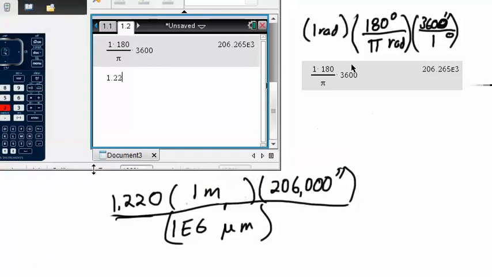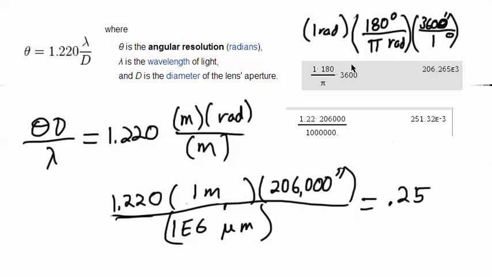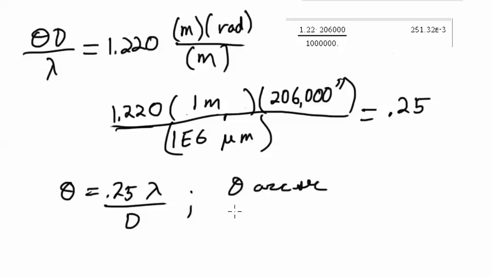You can make this screen smaller by adjusting the bottom of that window. 1.22 times 206,000 divided by 1e6 is 251 times 10 to the negative third. So that gives us an alternative way of expressing this, which is theta equals 0.25 lambda over d, where theta is in arc seconds, lambda is in micrometers, and d is in meters.